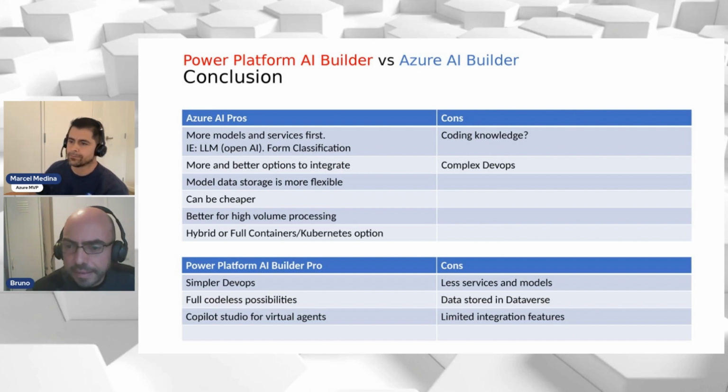One good way to put it: when you bring up the word codeless, Power Platform is full codeless, or most of the time you can do a lot of stuff codeless, while Azure, the best way to say is low code.